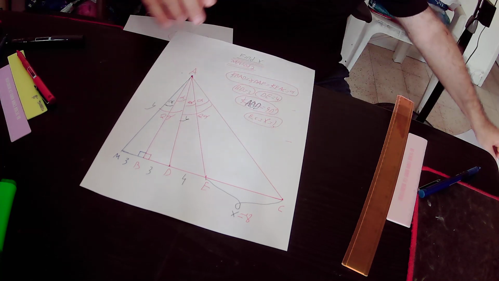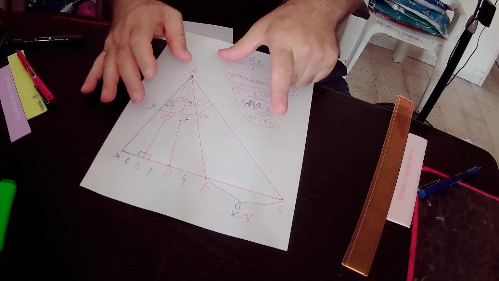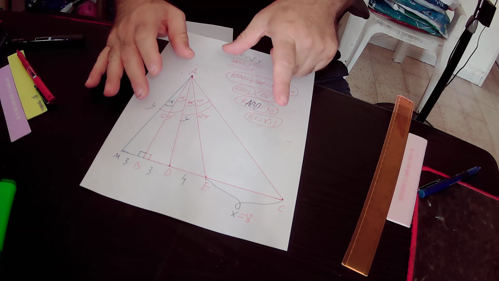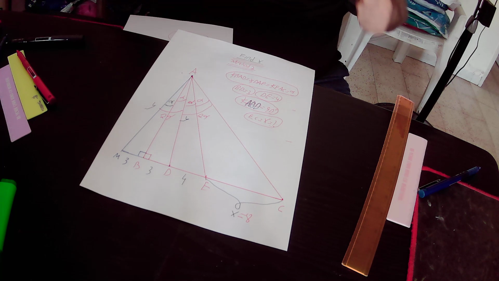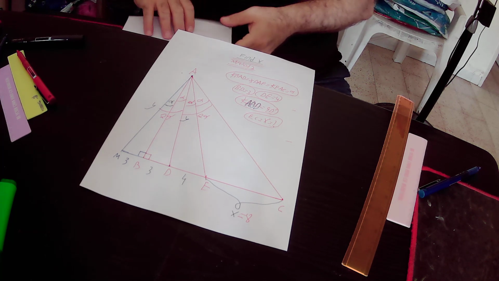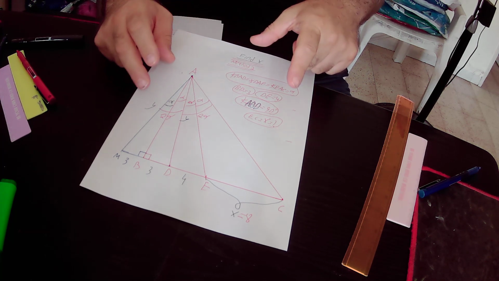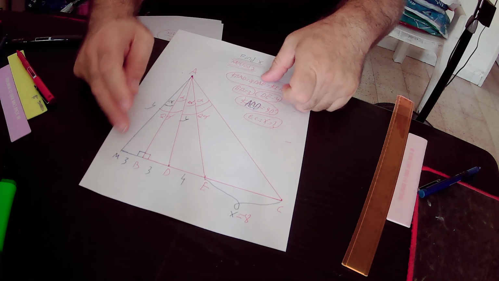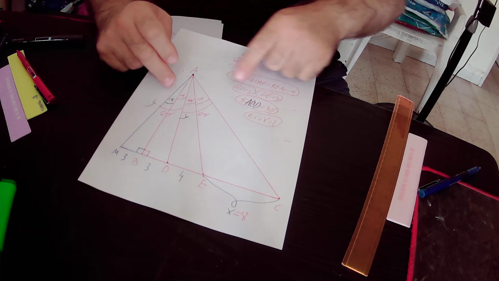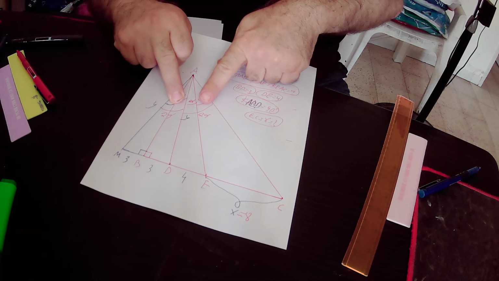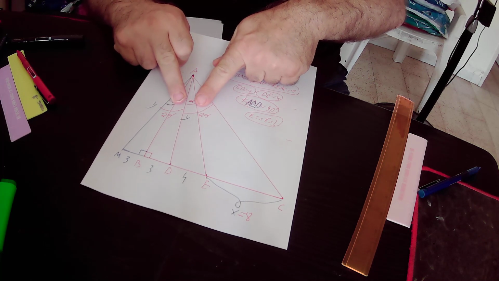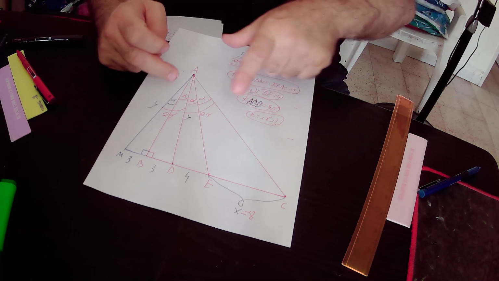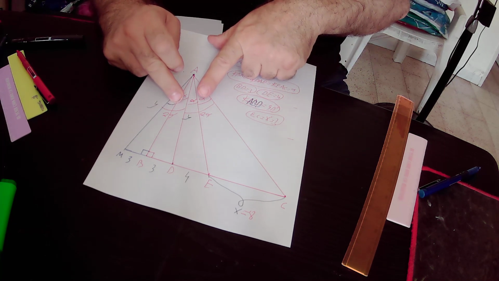And then we focus on the big triangle, triangle AMC. We know that in triangle AMC, AD is the angle bisector. Why? Because it divides angle MAC into two equal parts, 2 alpha and 2 alpha.